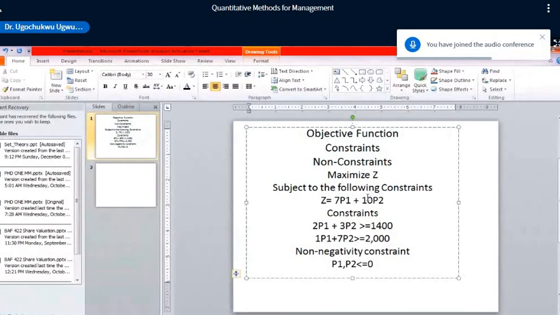So what you have here now is how to state a linear programming function given the question that was presented before us. Now, it is from here that you do the computation, which I said you will be doing using the graphical method.